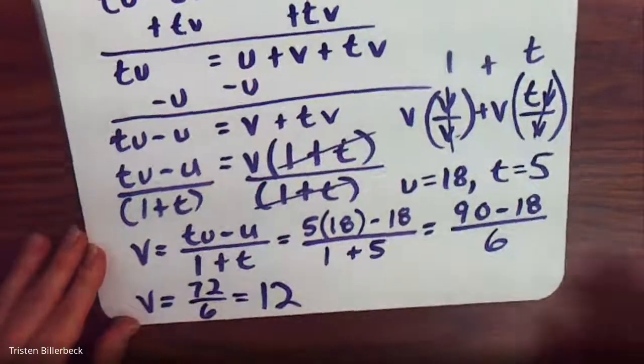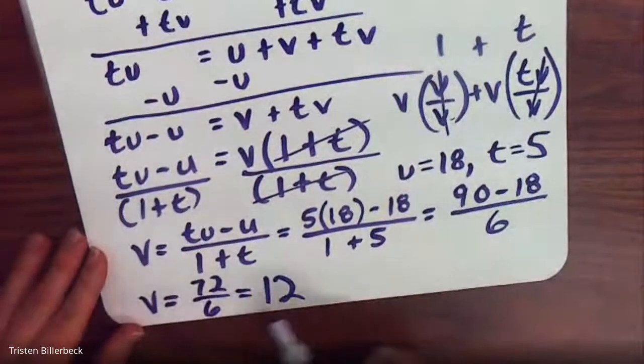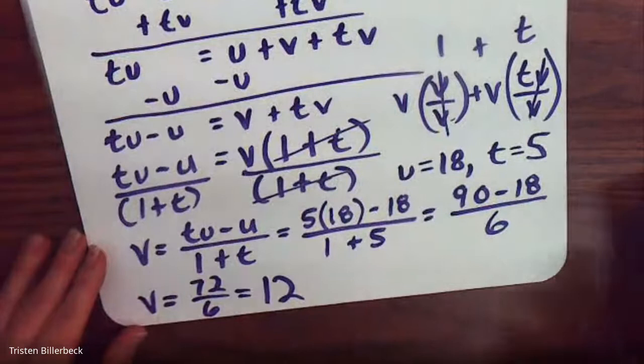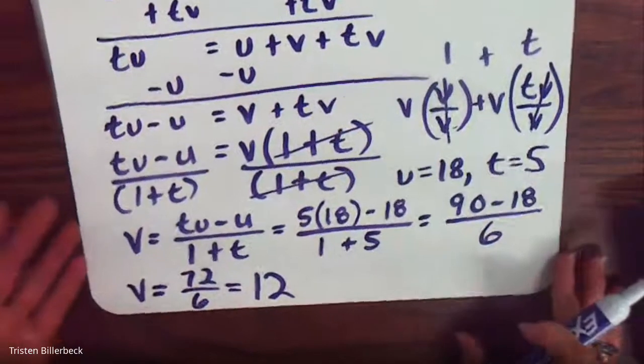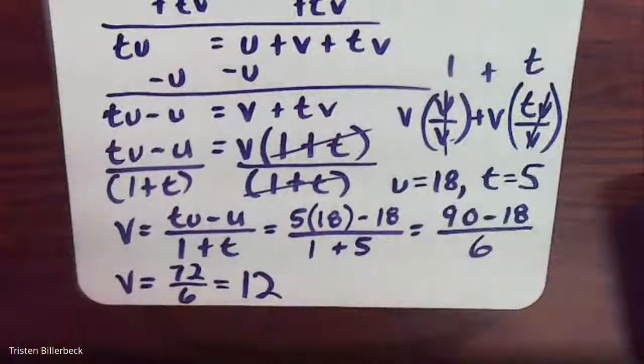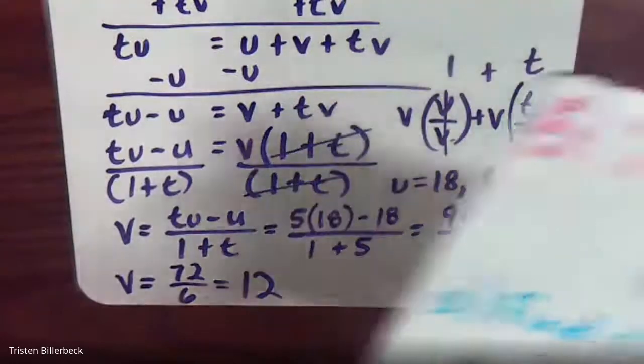Another happy day. That's an easy number, 12. So that's how we find a variable when it's not in a very nice place. We have to rearrange the equation. It's not pleasant, and we have to take it step by step. And if we get stressed out, we take deep breaths.